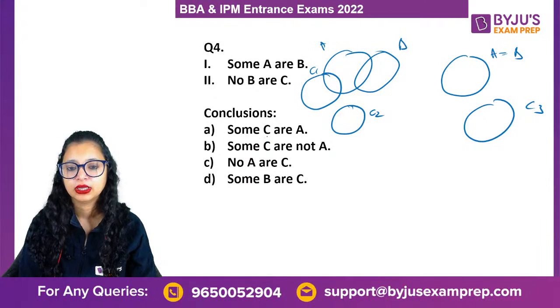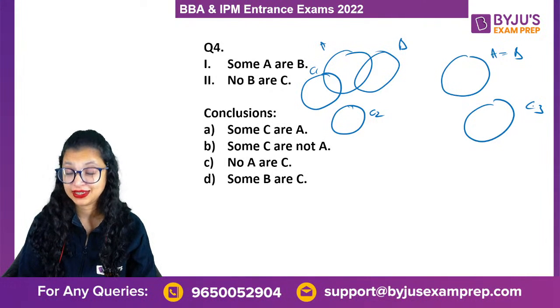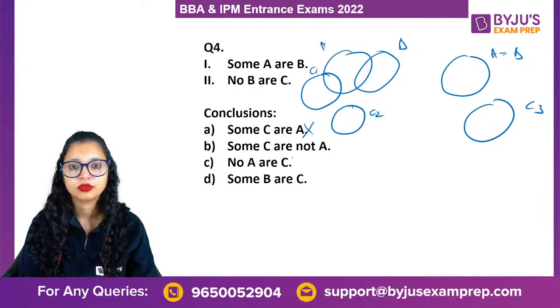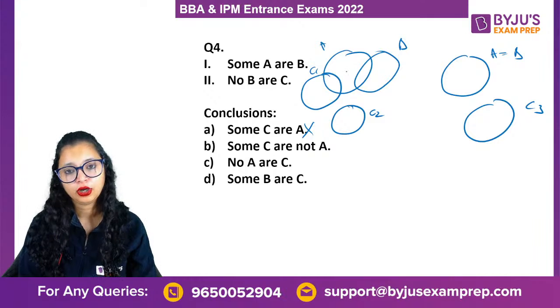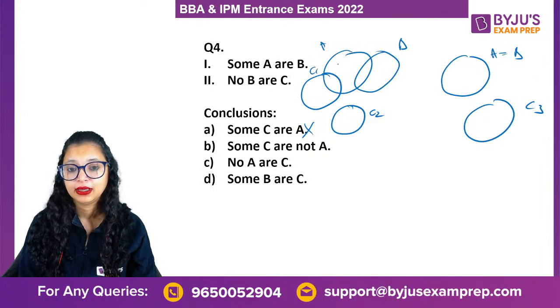First conclusion, some C or A. Some C or A is false in the second and the third conclusion, third scenario of C. Wrong conclusion. Some C are not A. Some C are not A, that also is false because C can also be made like this.